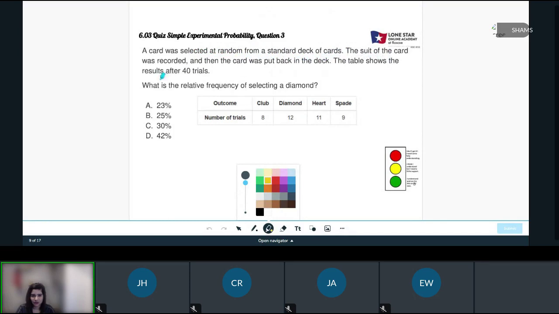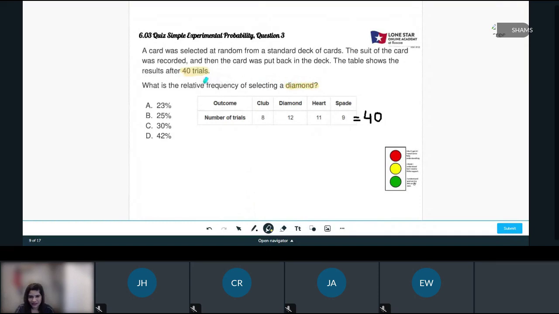The table shows the results after 40 trials. I know the total number of trials was 40. And the question is saying, what is the relative frequency of selecting a diamond?